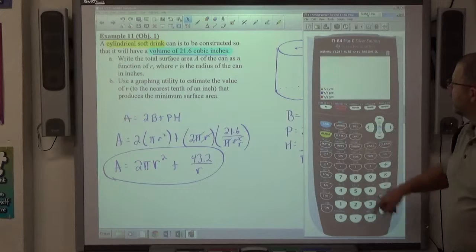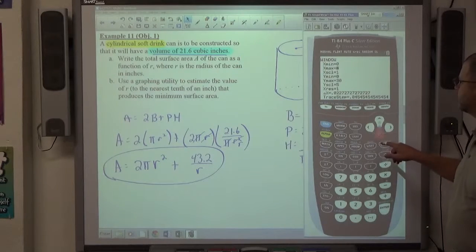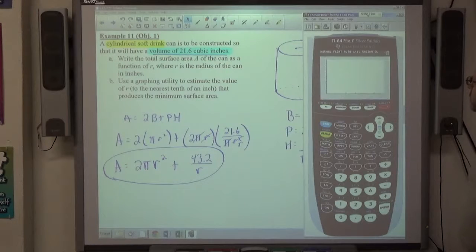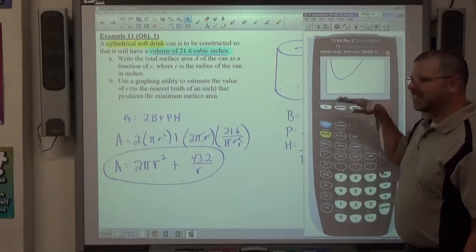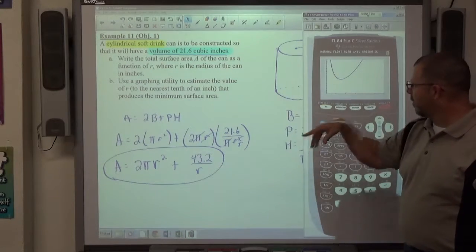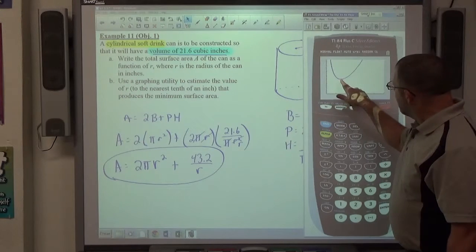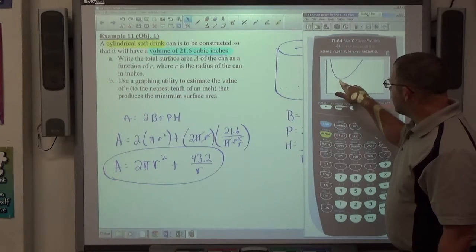In parentheses? Maybe I didn't go high enough. Let's go up to 100. There it is. I didn't go high enough. So the bottom of the graph is right there. That's what I'm trying to find.